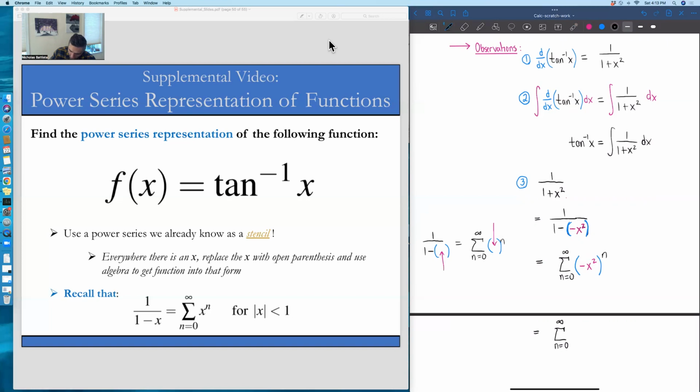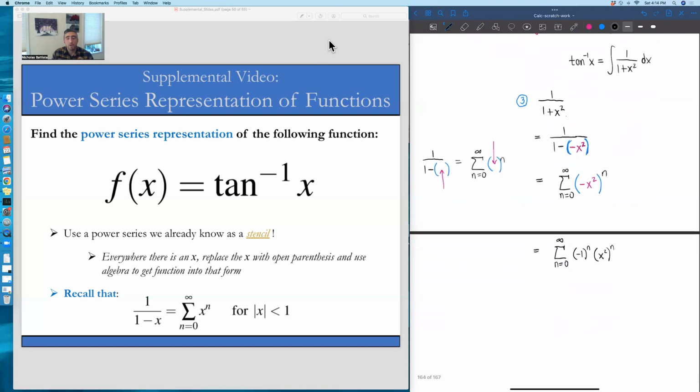So we can write this as (-1) raised to the n times our x squared raised to the n, which, since now we have this x squared raised to the n, we could multiply those powers together. So this gives us the series from n equals 0 to infinity, (-1)^n times x^(2n). And that's equal to the function 1 over 1 plus x squared.